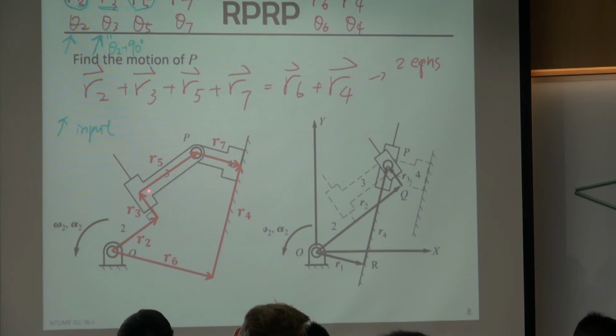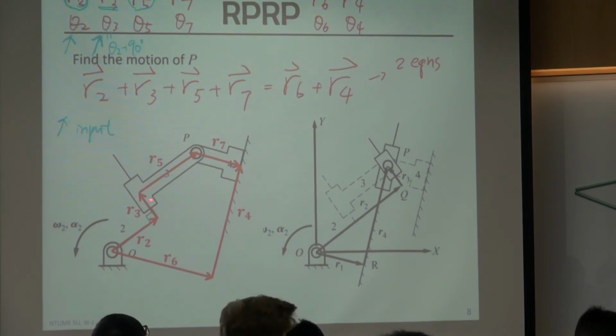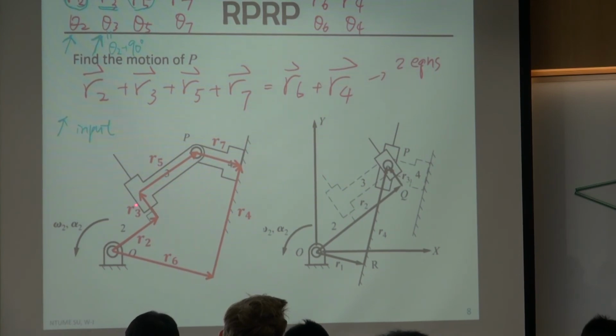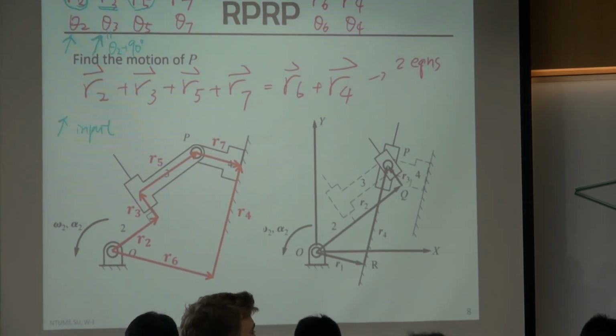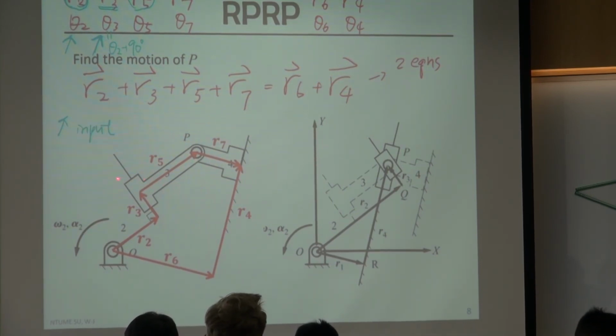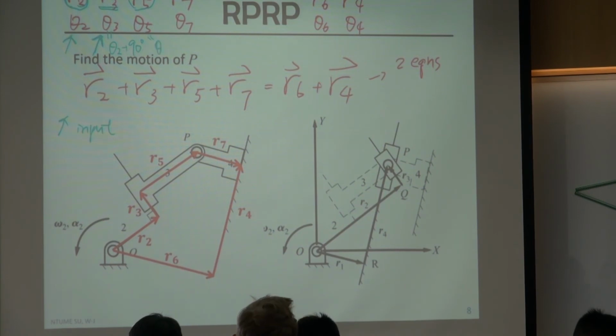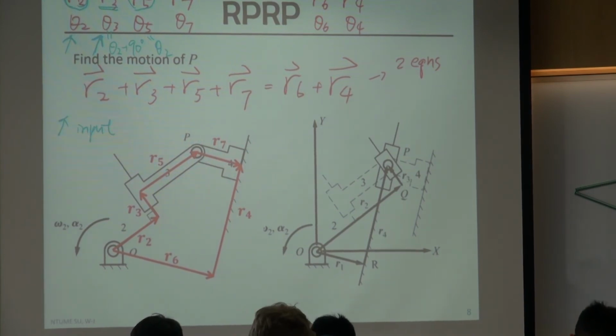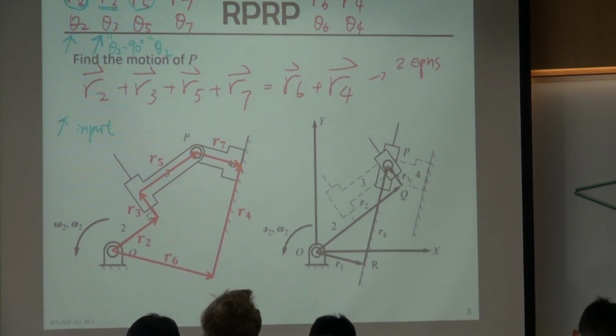The difference between theta 5 and theta 3 is always a constant. And actually, this R5 is the same direction as R2, so theta 5 is the same as theta 2. So this one is still known. So far we only have one unknown, R3. So it seems it's working well.